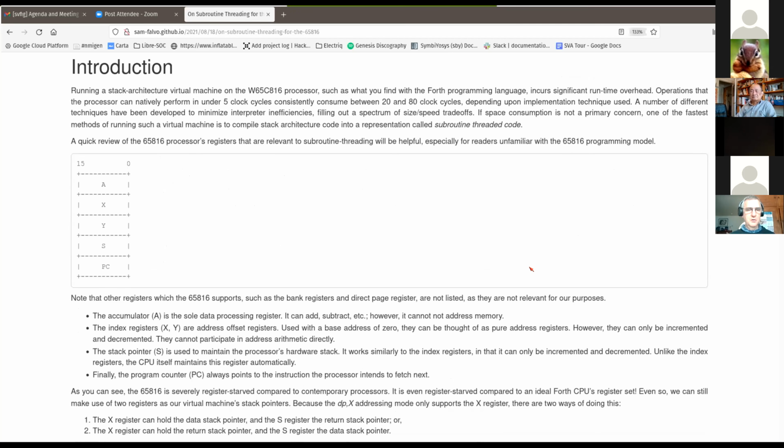All the registers are 16 bits: the accumulator, your index registers, the stack pointer, and your program counter. There are additional registers, such as the data bank register, the code bank register, the direct page register, but they're not really relevant to the operation of a Forth environment, so I'm not going to focus on those.